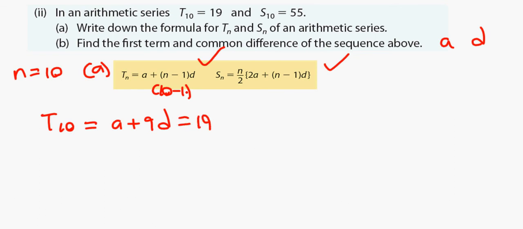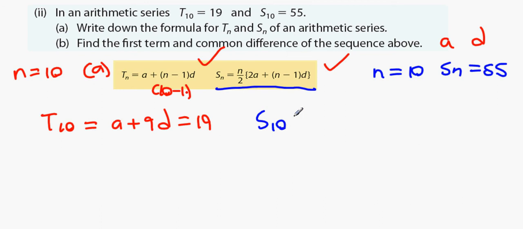The second formula we're going to use is the S formula. For the S formula, we know that N equals 10, and we know that Sn equals 55. So S10 equals N over 2, which is 10 over 2, times 2A plus N minus 1, which is 9D.